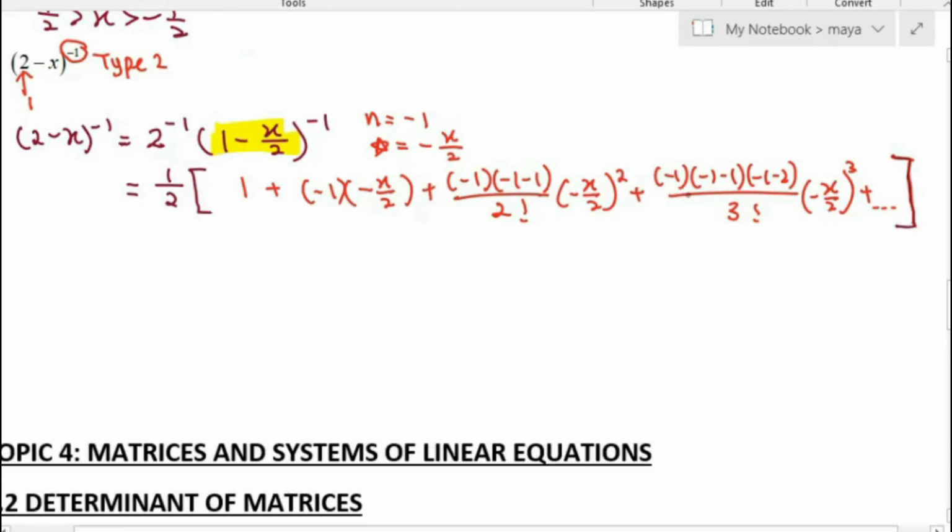Close back the bracket because we have a coefficient 1 over 2 in the front there. So just maintain it. Then we simplify inside here.